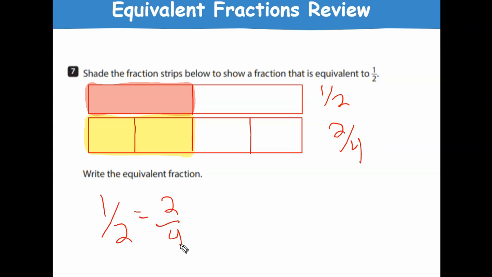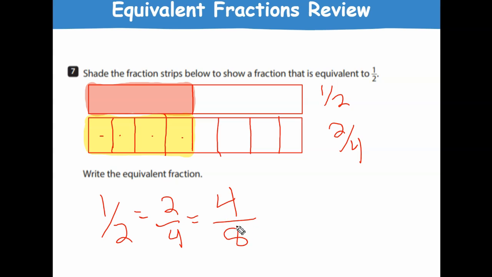If I cut it again like this, now what's the fraction? How many are shaded in now? The yellow. 1, 2, 3, 4. 4. Out of how many total? The bottom one. 8.